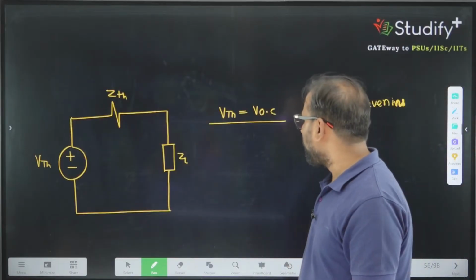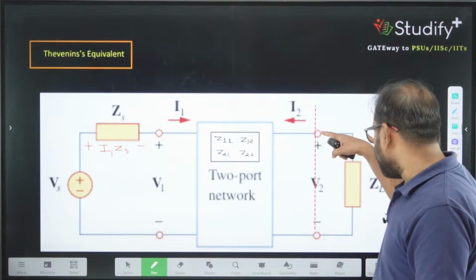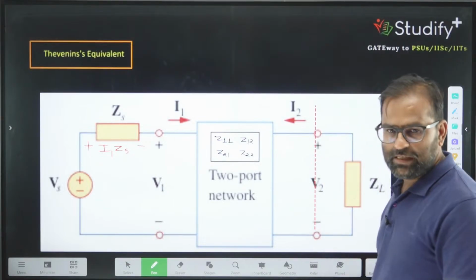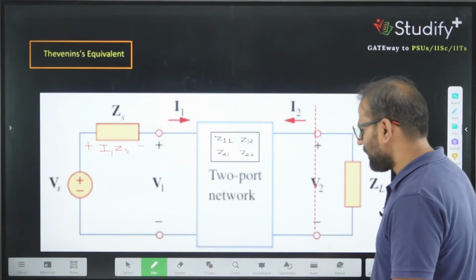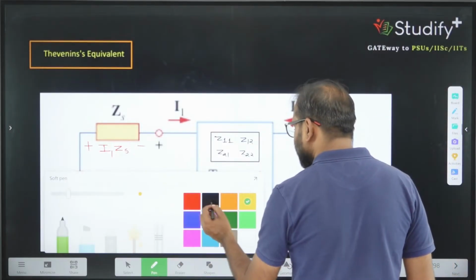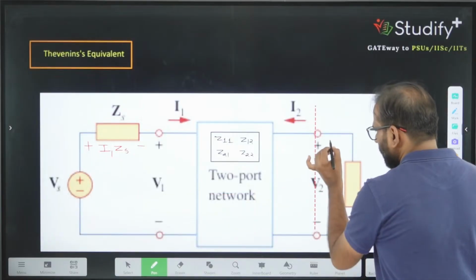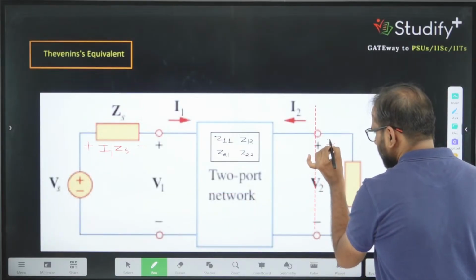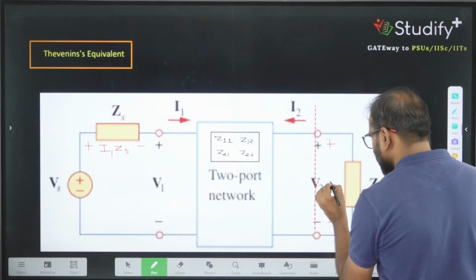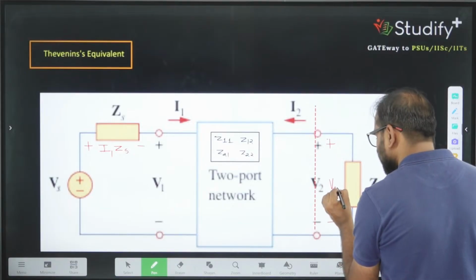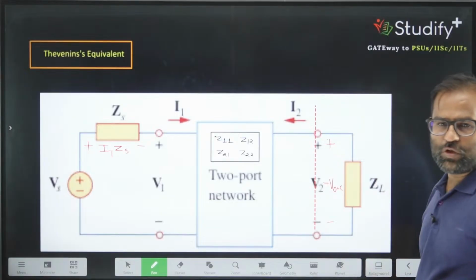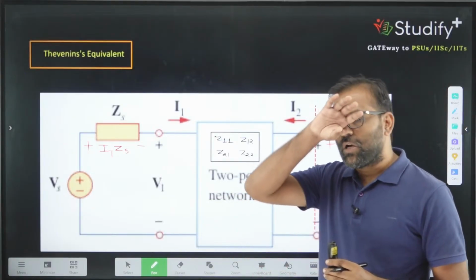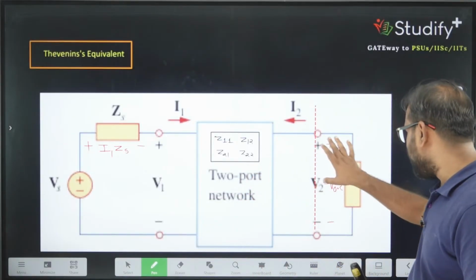If I remove the load from the circuit, what is the task? The task is to calculate the open circuit voltage. So can I say the open circuit voltage, or this V2 voltage, is a representation of the same variable when I remove ZL from the circuit? Open circuited voltage, or Thevenin's voltage, or V2 is the same thing when I remove this ZL.